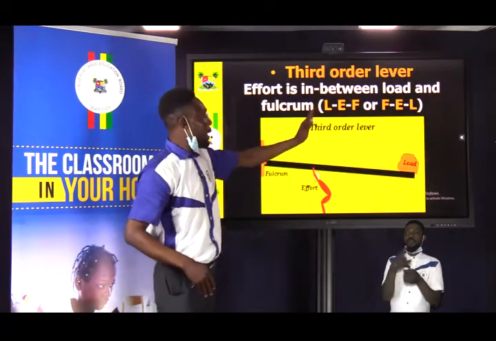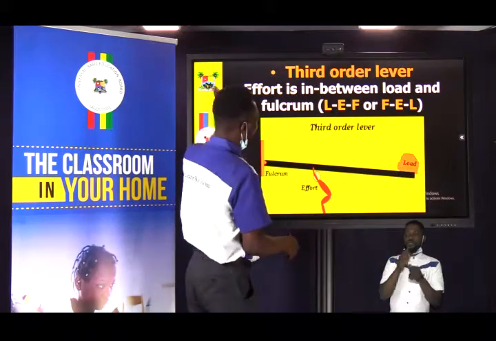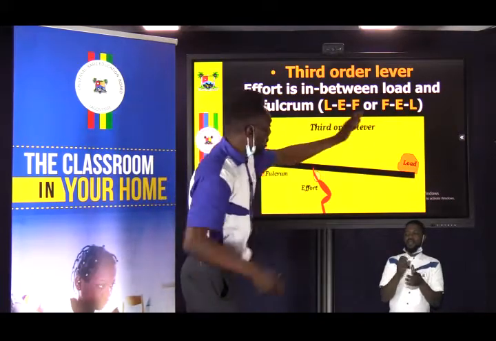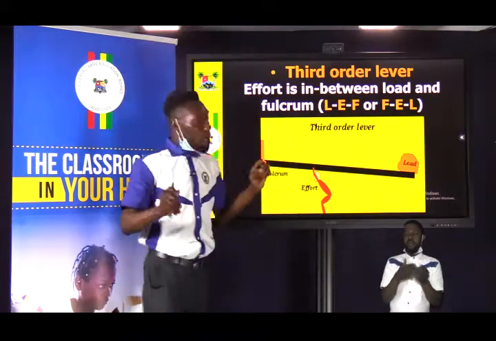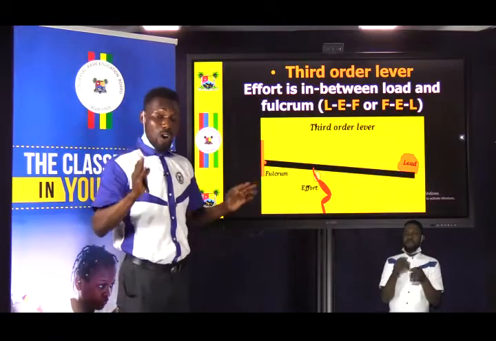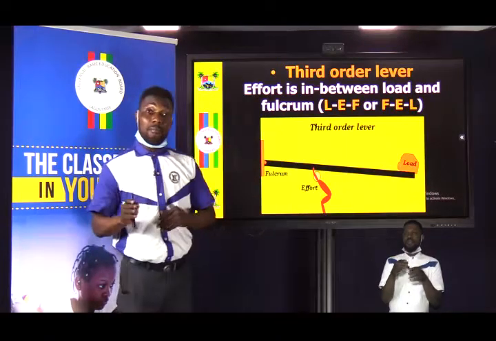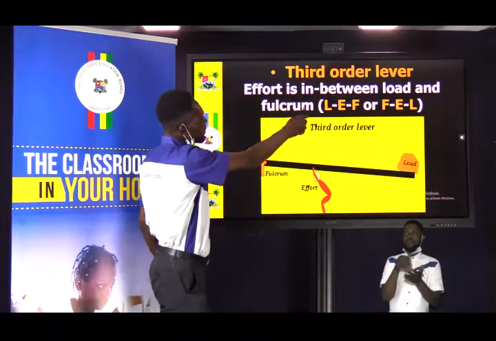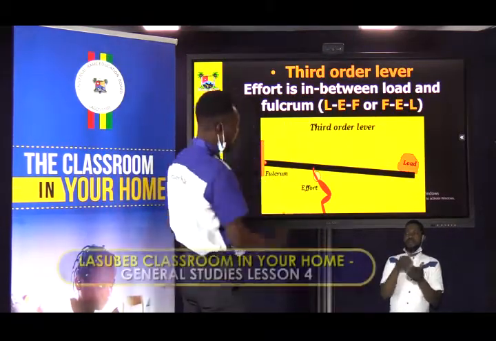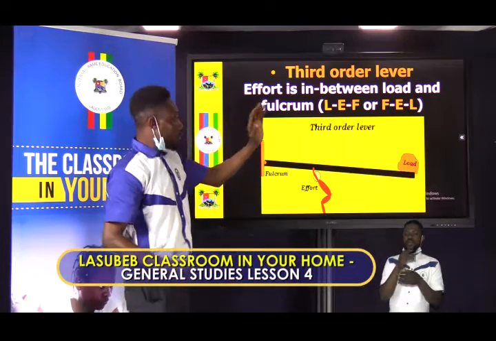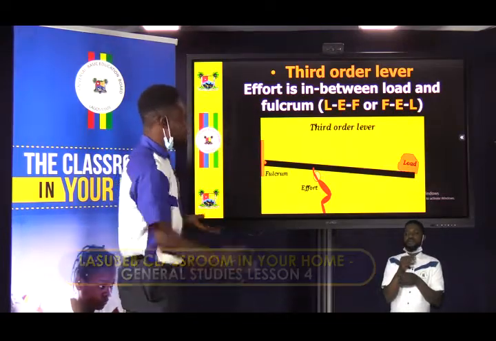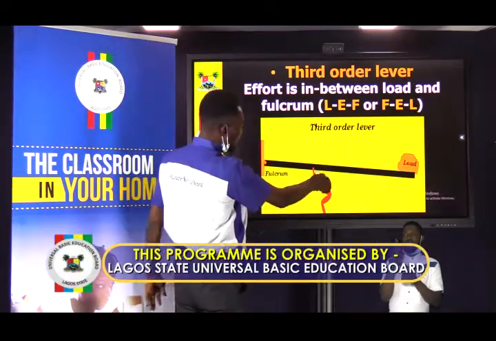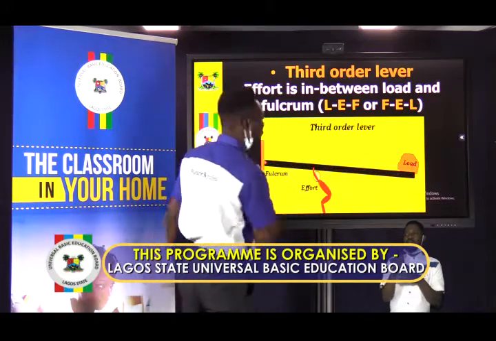Where the load is, it could be on my left hand side or right hand side, it does not matter. But in a third class lever or third order lever, effort must be in the middle. So effort is in between load and fulcrum. That's a third order lever or third class lever. You can see it here, effort is in the middle, between load and fulcrum.